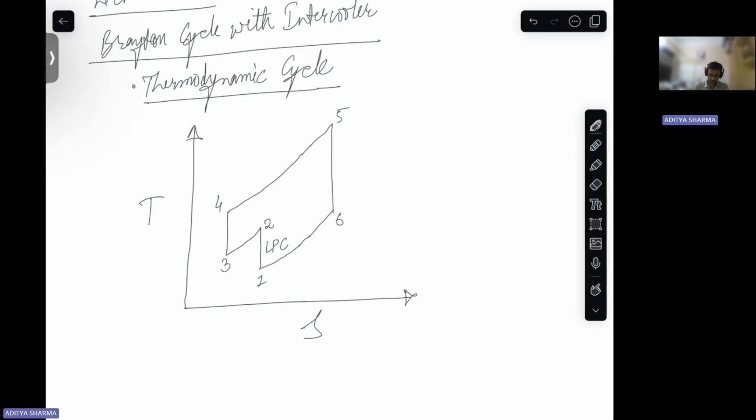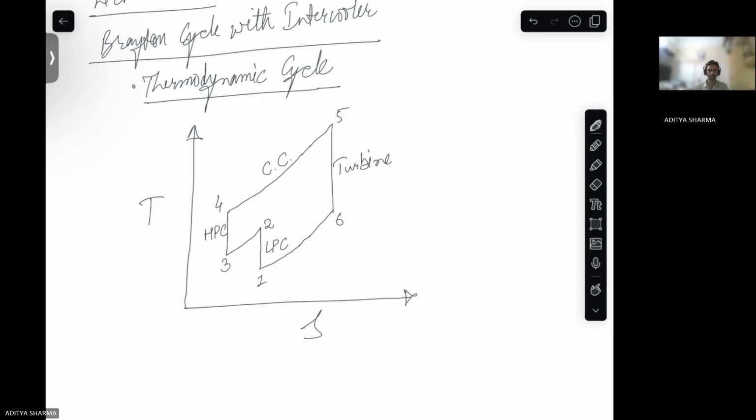So this is your low pressure compressor, this is your high pressure compressor, this is your combustion chamber, this is your turbine. Okay.